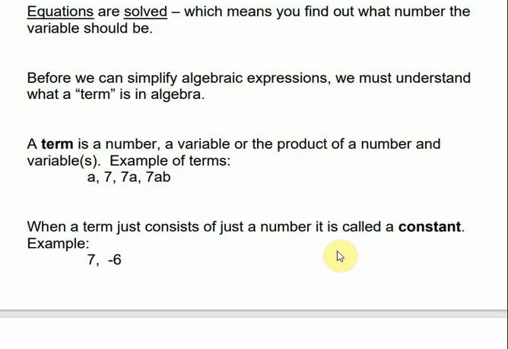Negative 6 is always going to be negative 6. But we call letters variables because they can represent different numbers. So if I had a, like this here, a could represent 0, or a could represent 5. So since it changes, it varies, those are called variables.